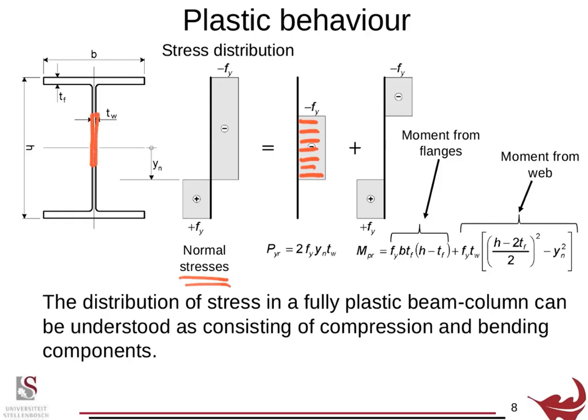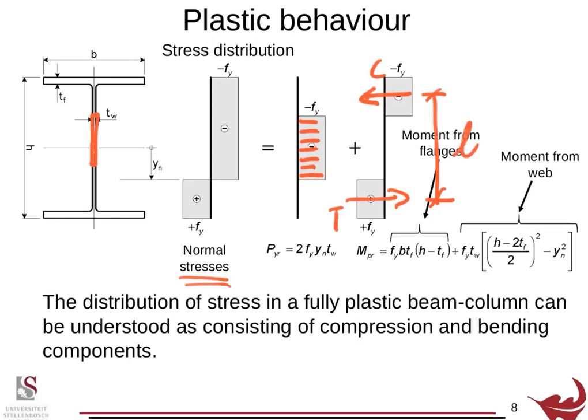And that will be in the middle of our section. And then also we have a moment section. Here we've got a force, and then some sort of lever arm between them. And this will then give us the moment.